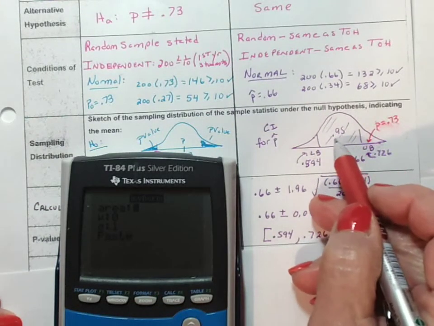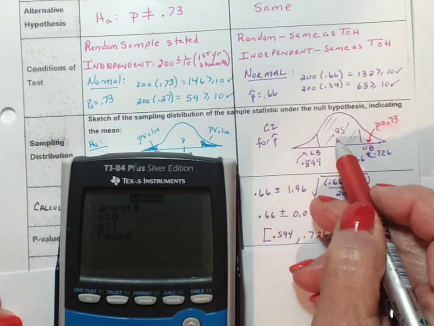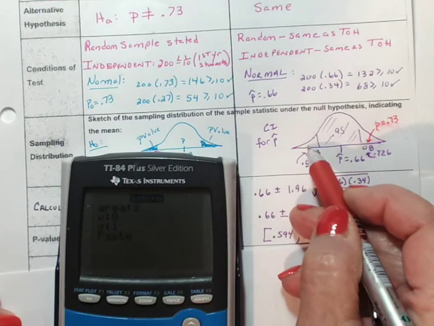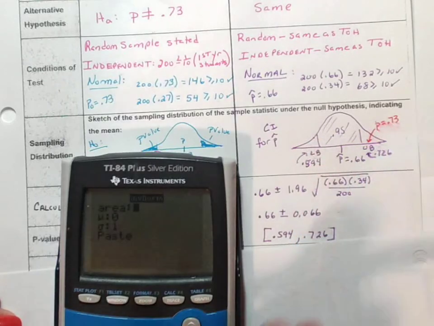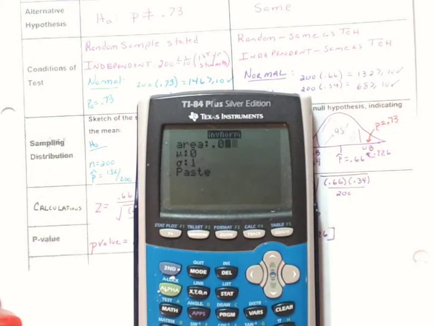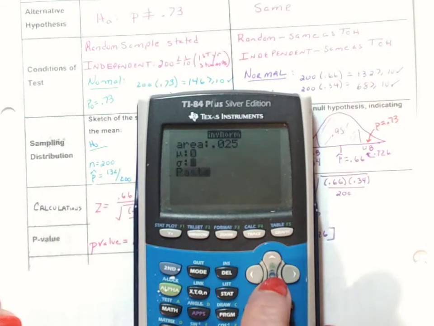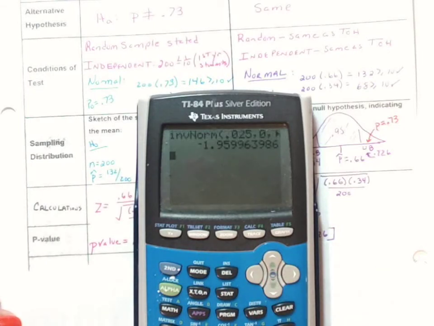So this is 0.95. I'm left with 0.05. Half of it is here, half of it is there. So that means that this area is 0.025. 0.025. Paste. And there you go. That is the critical z value. Just want to make sure that you're comfortable with those calculator commands.